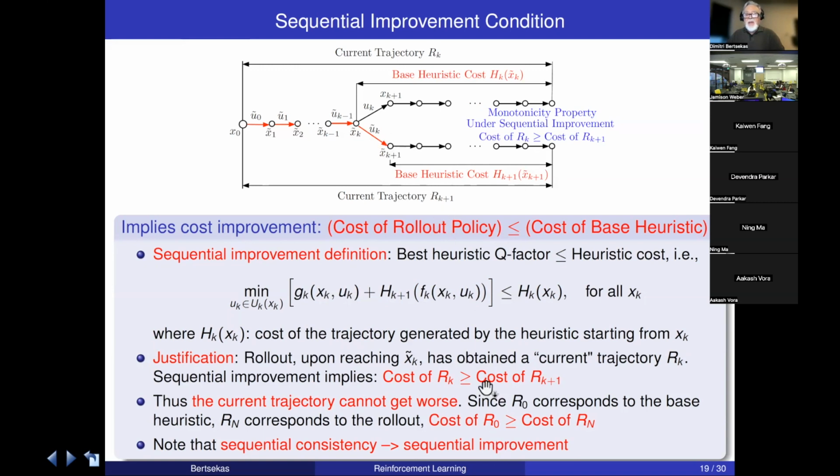So since it's under sequential consistency, the base heuristic control is one of the controls that we minimize over. This condition holds.